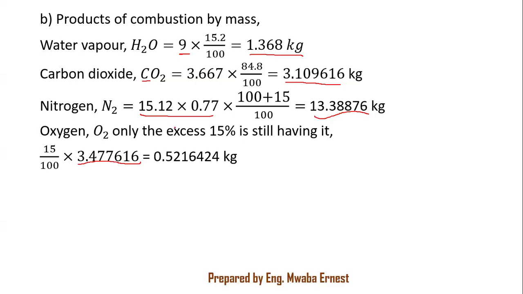Just like here, we're also including the 15% added to what is already there. This oxygen was supposed to be zeroed because it's consumed, but it's the excess air where this one is leaving. So 15% of this oxygen we calculated, which was 3.477616, the answer is 0.5216424, and that is in kilograms.